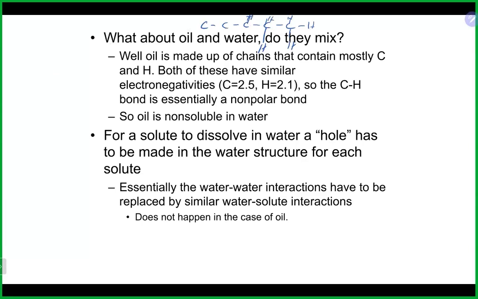As I mentioned before, because oil is essentially nonpolar, and all it's got going for it are these bonds here, it's not going to have any way to interact well, and it just keeps going very long on each side.